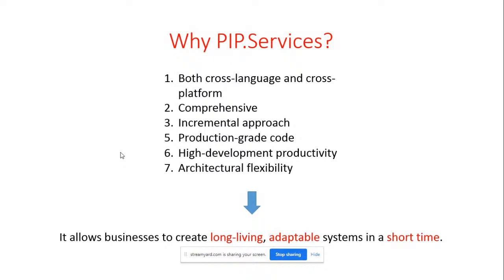Production-grade means code that can be used in production. High development productivity is also very important, because if you train a developer in this system, it doesn't take long, and then they can specialize.